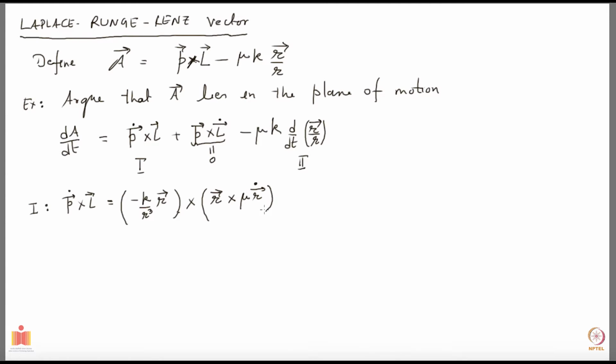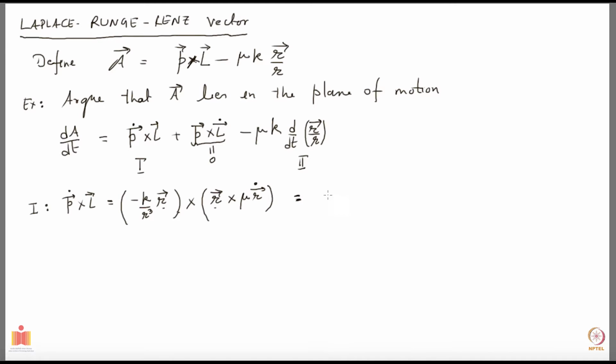Maybe I will leave this as an exercise. So you have here r cross r dot, and I'll just write down the result. It's simple algebra you can do.